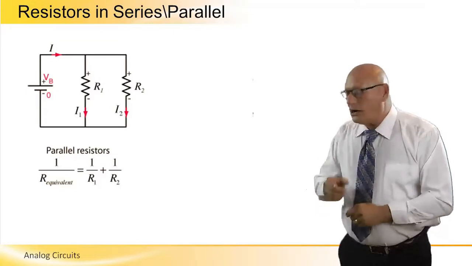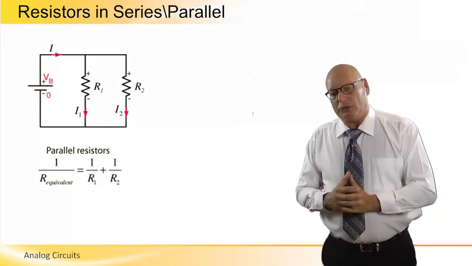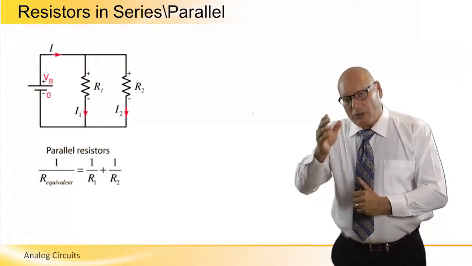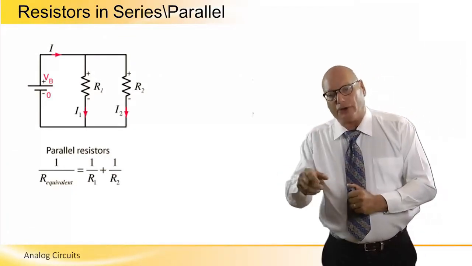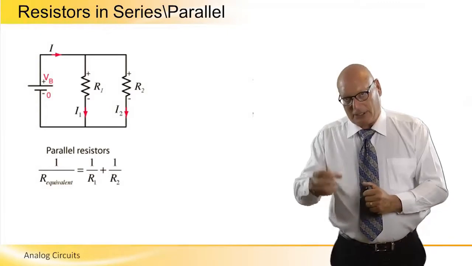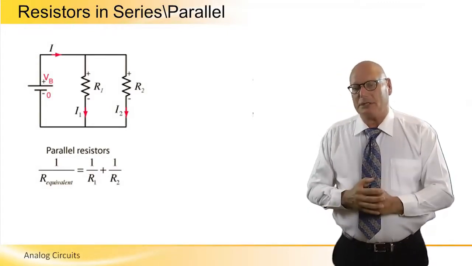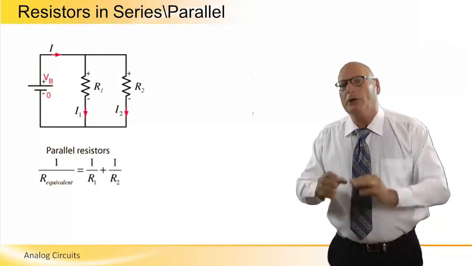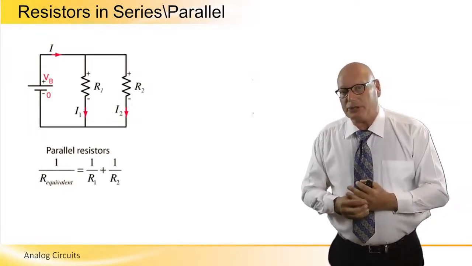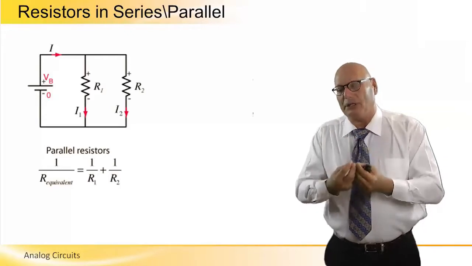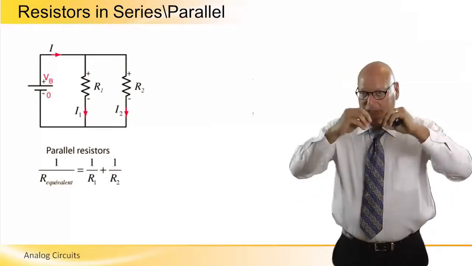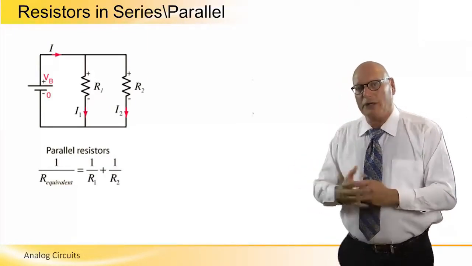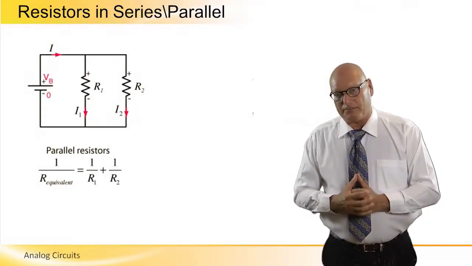In case R1 equals R2, we can easily use the formula which is down there, which is 1 over the total resistance equals 1 over R1 plus 1 over R2. Coming up with this computation, we will get the total R, the equivalent resistance of the two parallel resistors.